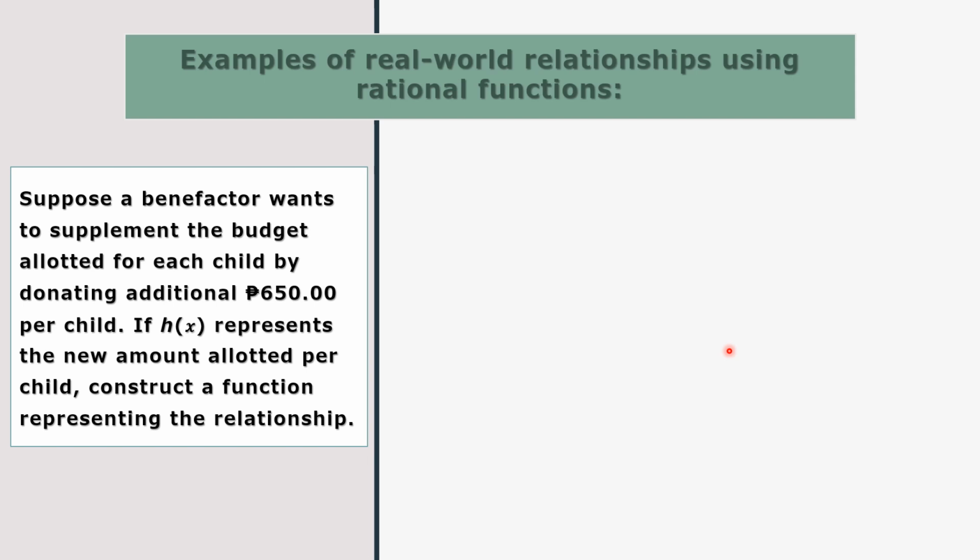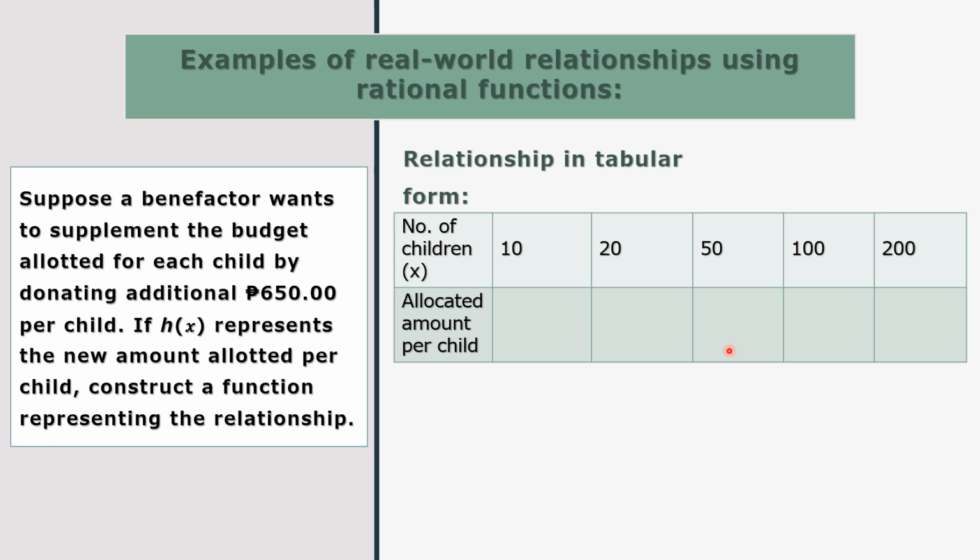Let's first represent the relationship in tabular form. Similar to our previous example, the first row will be the number of children, represented by the variable x, with values 10, 20, 50, 100, and 200.